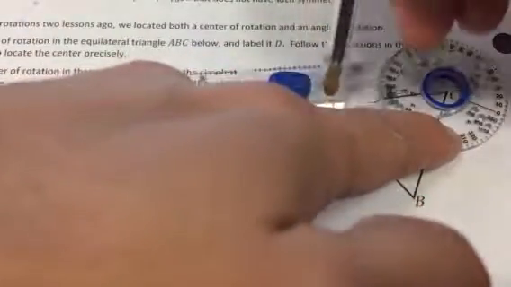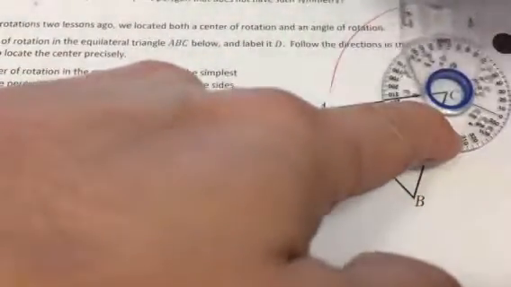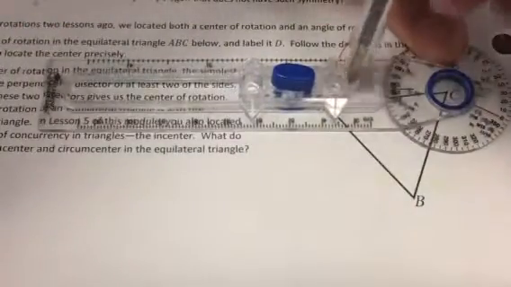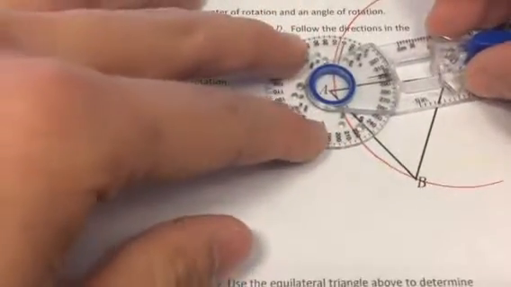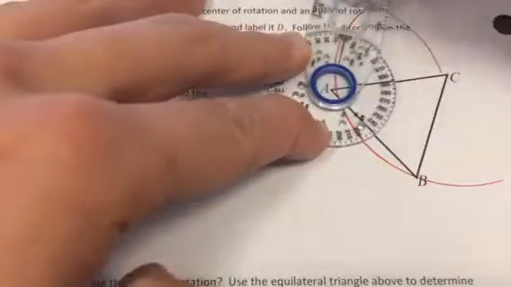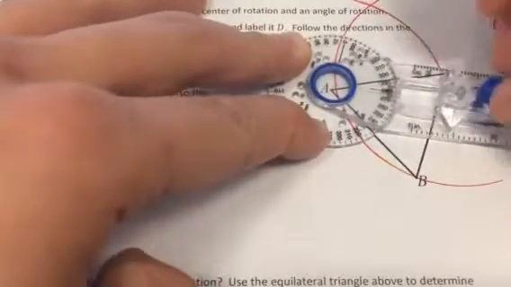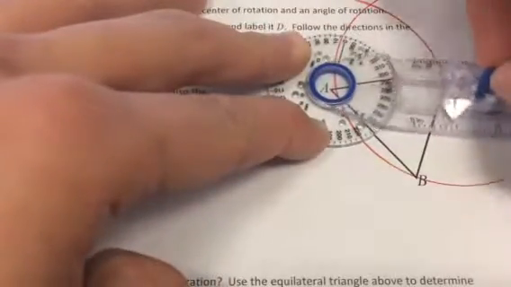Draw your line, just like so. So we've done this plenty of times, where we draw the perpendicular bisector. Now do it this way with A and B.